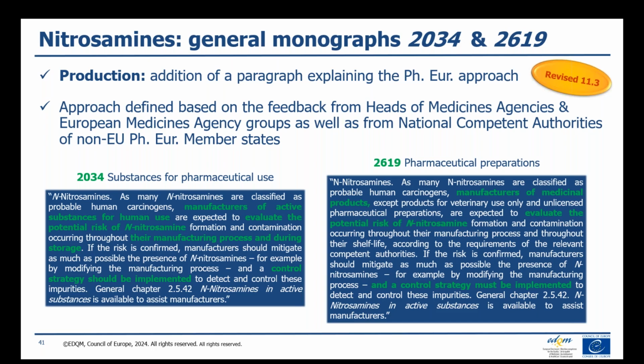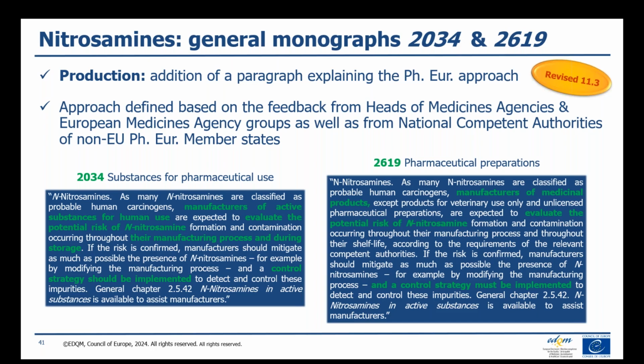If there is a risk, they have to mitigate as much as possible the presence of nitrosamines, and a control strategy should be implemented to detect and control this kind of impurities. In these two general monographs, there is also a reference to the general chapter on nitrosamines, which provides some methods to control this type of impurities.